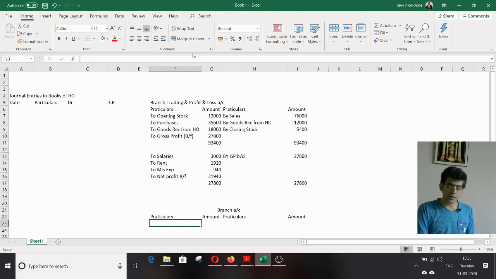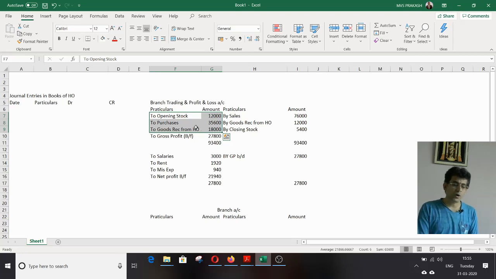Now let us try to incorporate the entries in the books of the head office. Let us try to pass the entries here. Now, what is the first method? I need to incorporate all my expenses into my head office books. So what I have to do?